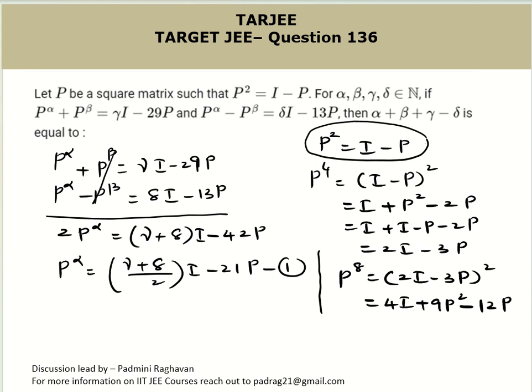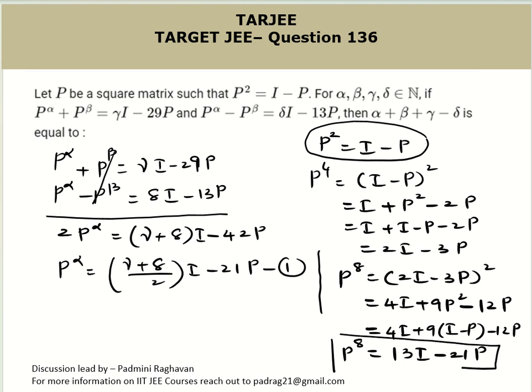Again replace P square as I minus P. So I get 4I plus 9 times (I minus P) minus 12P, which when simplified gives 13I minus 21P. So P power 8 is equal to 13I minus 21P. Let us compare relation 2 and relation 1. Here we have a minus 21P, and here also a minus 21P. That means the left-hand sides should be equal. That gives the value of alpha equal to 8.